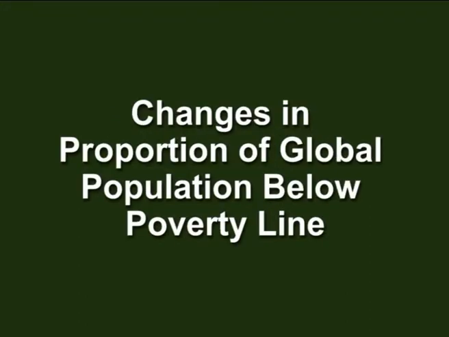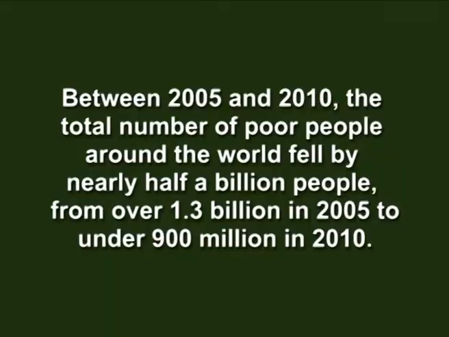Changes in the proportion of the global population below the poverty line. What changes were there between the years 2005 and 2010? Between 2005 and 2010, the total number of poor people around the world fell by nearly 500 million people, from over 1.3 billion in 2005 to under 900 million in 2010.